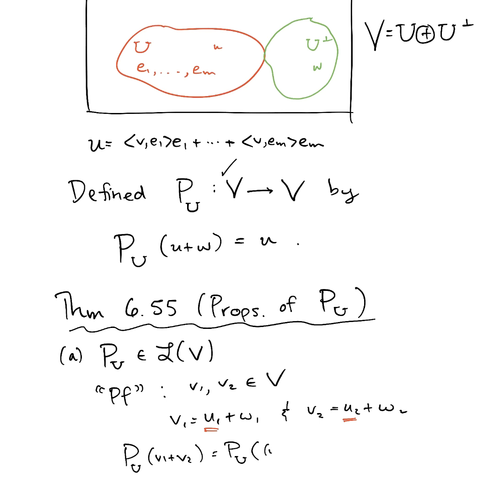So if you were interested in what happens when P acts on V1 plus V2, well, P acting on V1 plus V2 is nothing other than P acting on, all right, add V1 and V2. So what do you have? You have U1 plus U2 plus W1 plus W2. And this piece right here, that is P acting on V1 plus V2, and you can see that it equals P acting on V1 plus P acting on V2. So linearity holds.